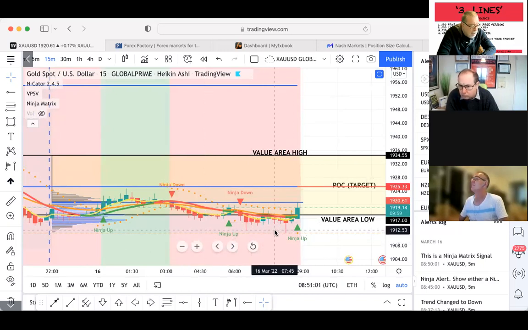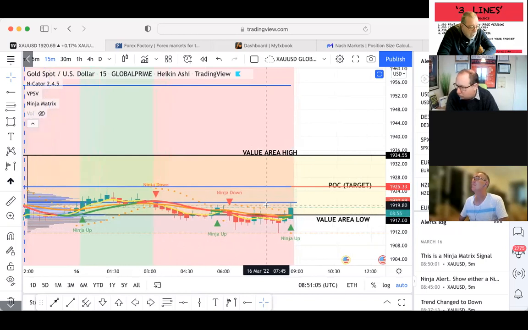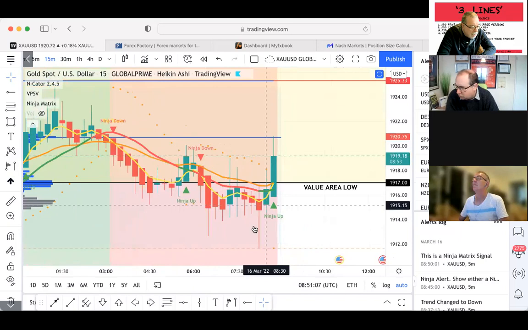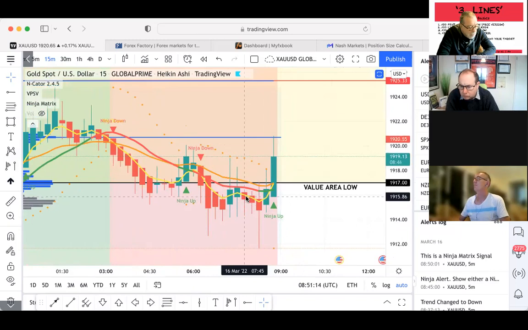Now, the third thing I look for is the moving averages. As you can see, the moving averages are a yellow line, the red line, which has just turned to green, and the orange line.